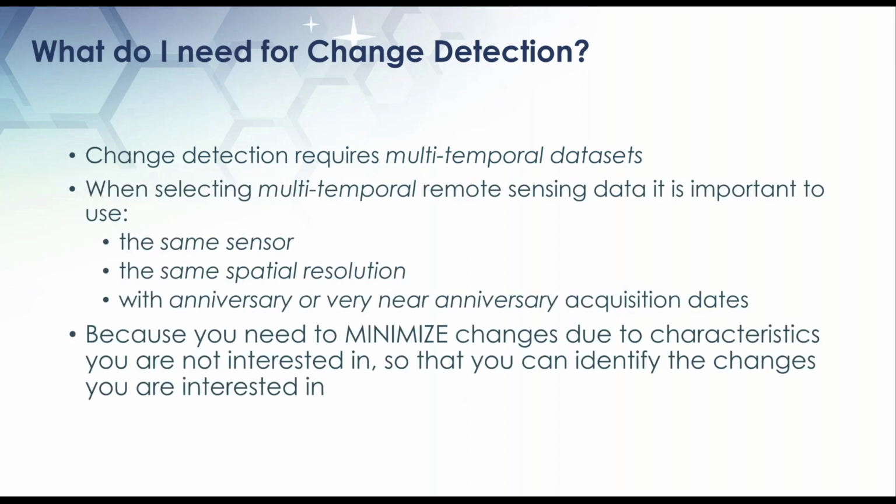And when you select these multi-temporal remote sensing data, it's important to use, if possible, the same sensor, the same spatial resolution, and ideally with anniversary or very near anniversary acquisition dates. And the reason why you need to do all of this is because you need to minimize changes due to things you're not interested in, so that you can identify the changes that you are interested in.